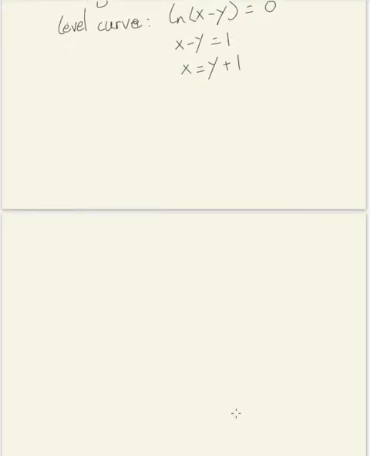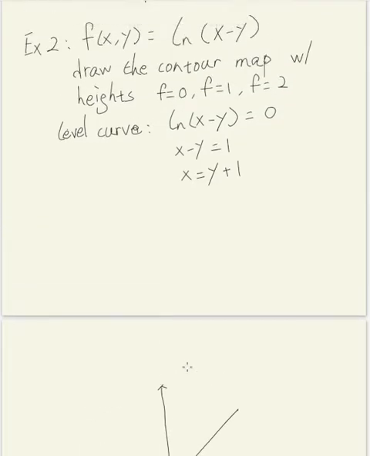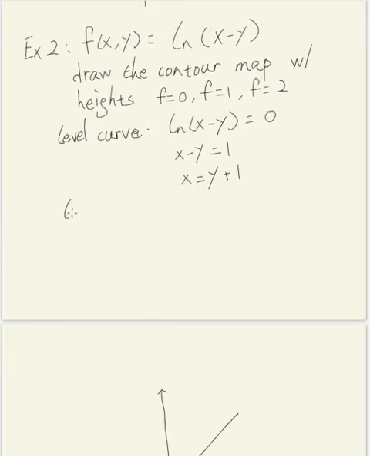I think it's clearer if we draw the level curves one by one. x equals y plus 1 is a straight line that passes through minus 1, 0, and 1, 0. So suppose this is minus 1, this is 1, and you get this. This is the first level curve, and let's look at the second one.